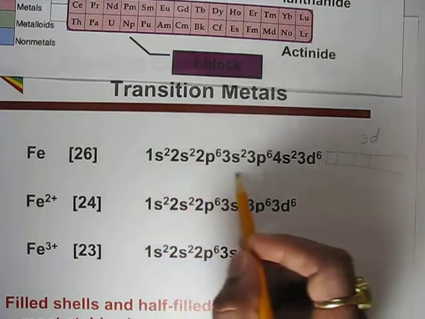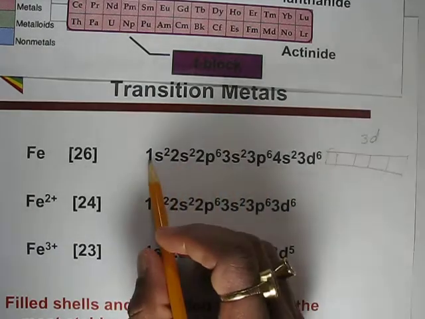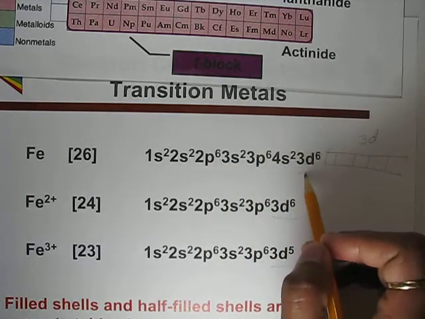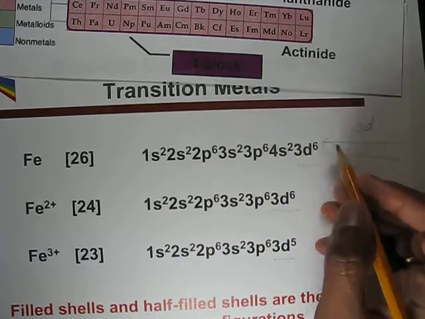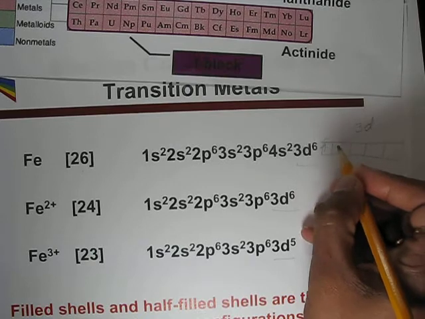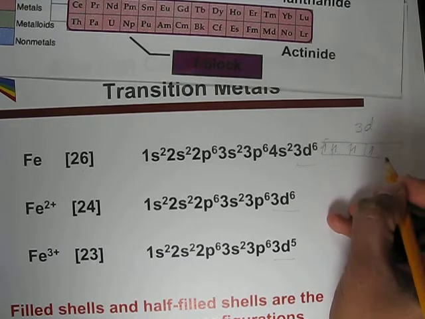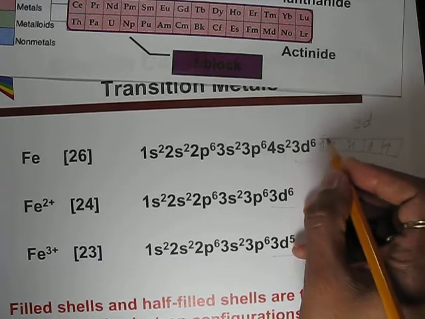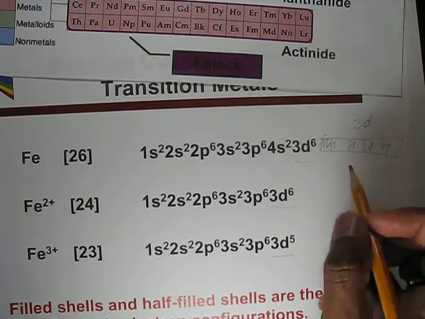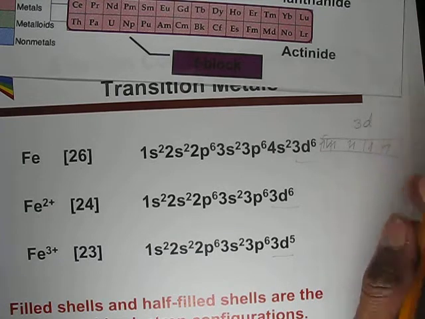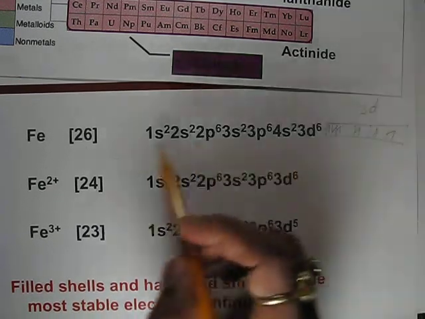So once you write the electronic configuration of iron, it will be 1s2 2s2 2p6 3s2 3p6 4s2 3d6. And 3d6 means 1 electron, 2 electron, 3 electron, 4 electron and 5 electron, and the pairing will start first from here. So this is the electronic configuration for the D subshell for iron.